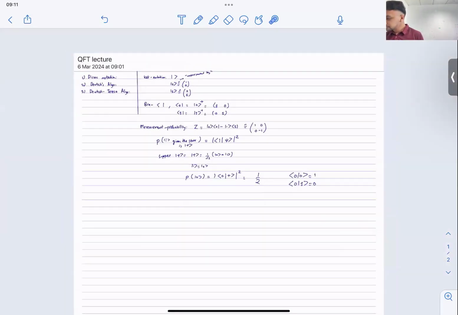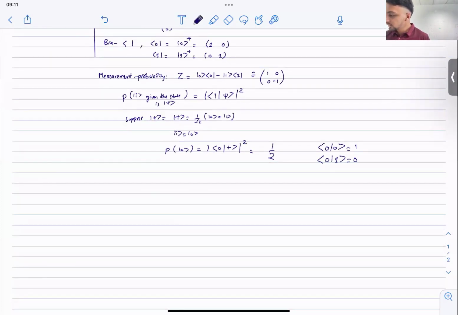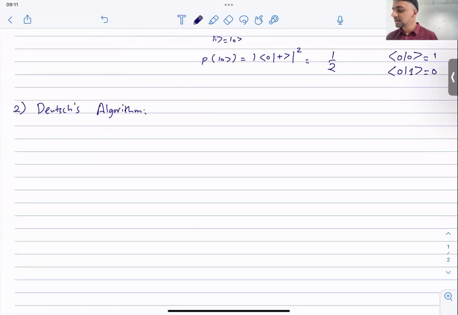Okay, so the second one is Deutsch's algorithm. We learned that this guy called David Deutsch proposed a quantum circuit to essentially check if a function that acts on a binary string x and gives out some other binary string y.